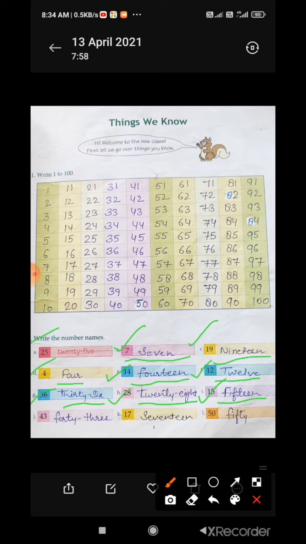FIFTEEN 15. Now J part 43. FORTY THREE, 43. Now K part 17. The spelling of 17 is SEVENTEEN 17. Now L part 50. Write in the space given FIFTY 50. Write in good handwriting in the book.